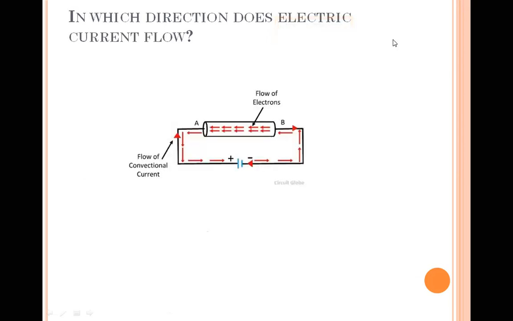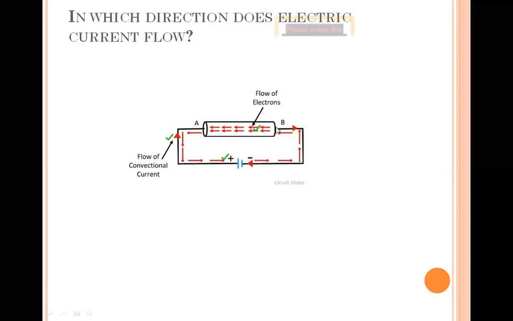Now come forward. In which direction does electric current flow? Actually, what happens when the current flows? Just look at the given diagram. This arrow shows the flow of conventional current from the positive terminal to the negative terminal, and this is one battery AB. This shows the direction of flow of electrons.